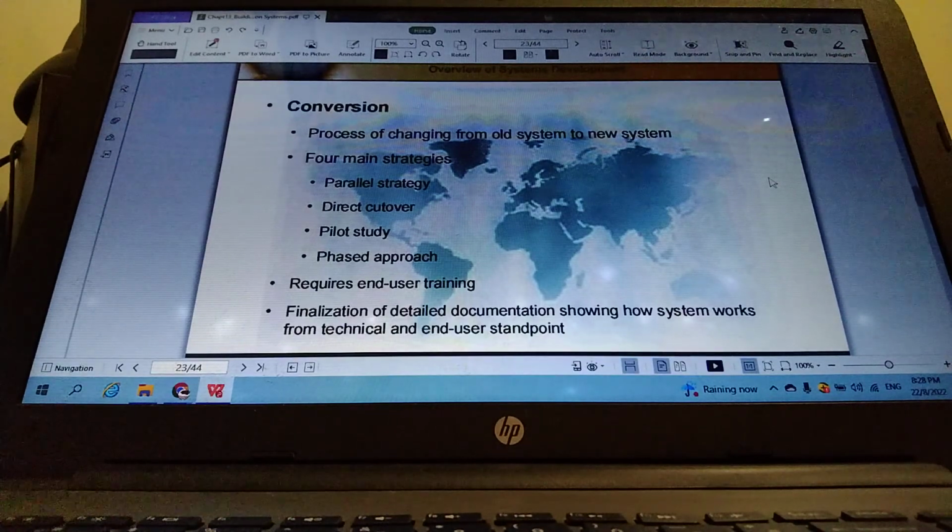Like I mentioned earlier, there will be a different group of people continuously working on online documentation. Make sure the detailed workflow is documented, technically from the technical areas, and also from the end user standpoint.